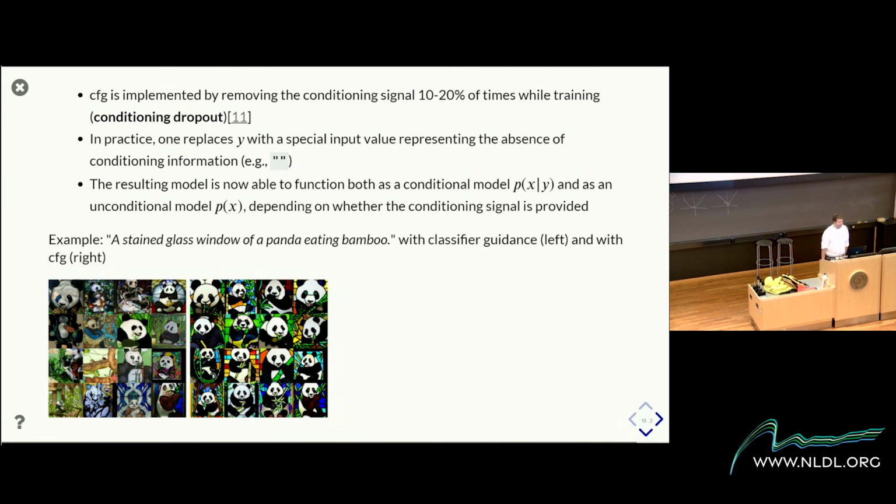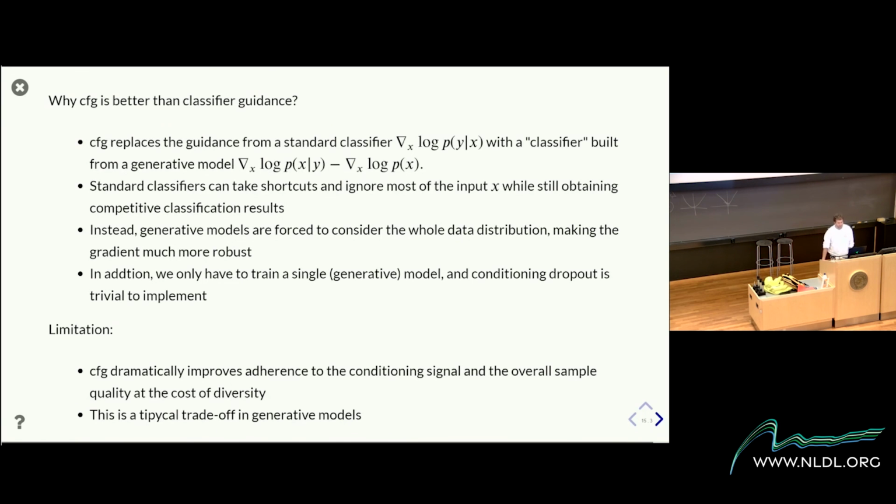So why is classifier-free guidance better than classifier guidance? As we said, CFG, classifier-free guidance, replaces the guidance from a third classifier with this function over here, a classifier which is built only using a generative model, okay? So basically, it's the difference of the conditioned generation function minus the unconditioned generation function, both of which are given by the generative model itself.